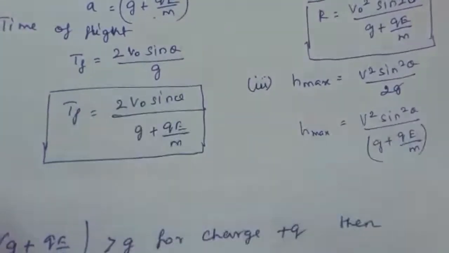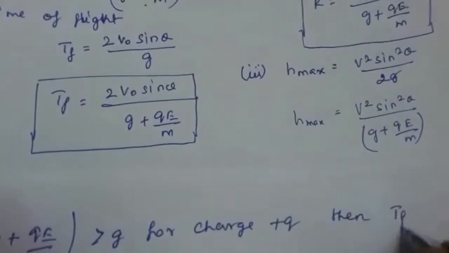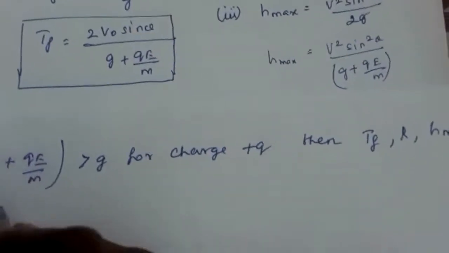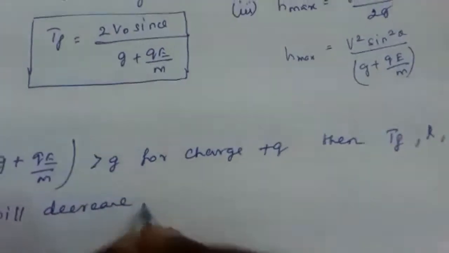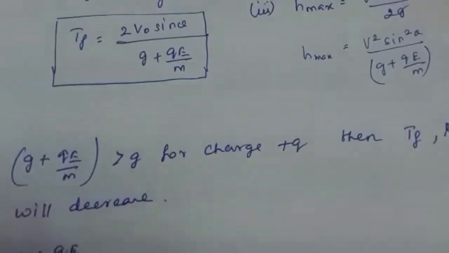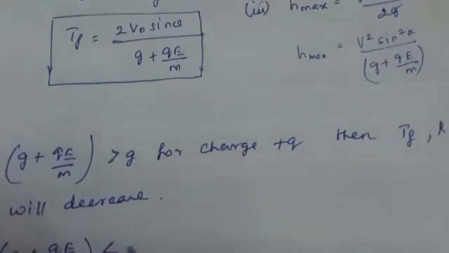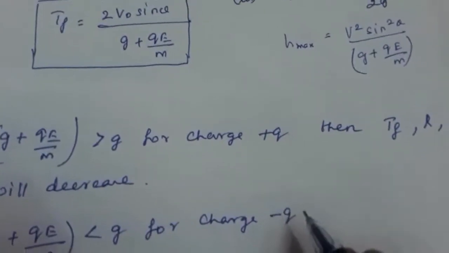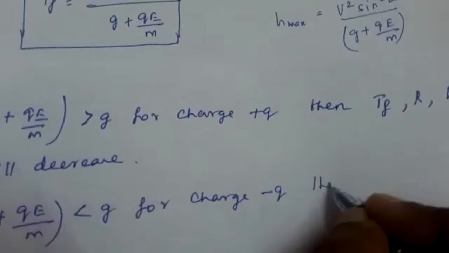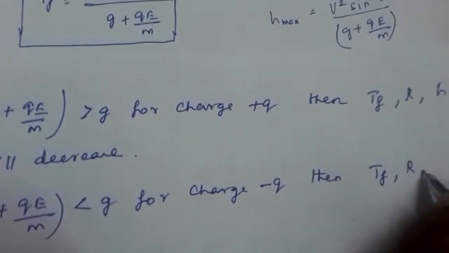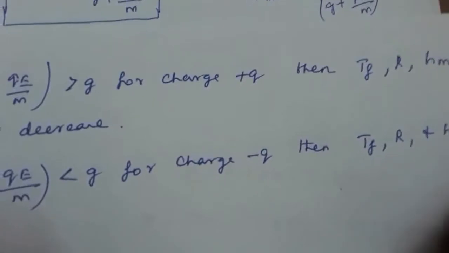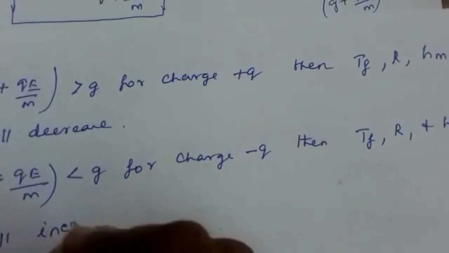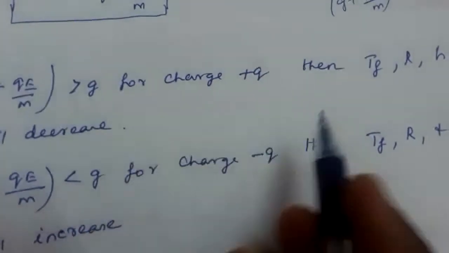So the time of flight, range and H maximum will decrease. If g plus qE by m is less than g, for charge minus q, then the time of flight, R and H maximum will increase, because the denominator value is smaller.